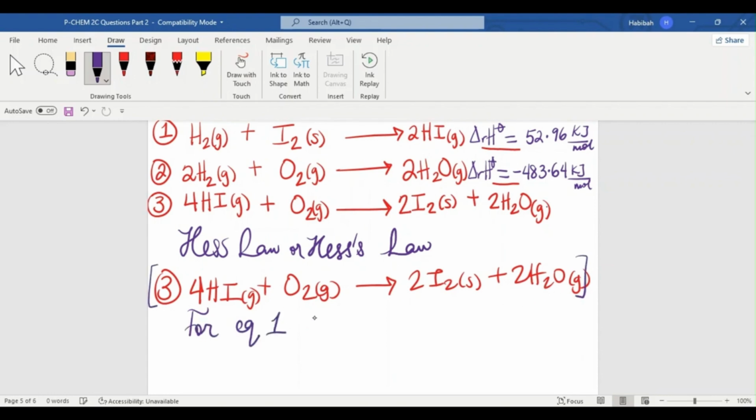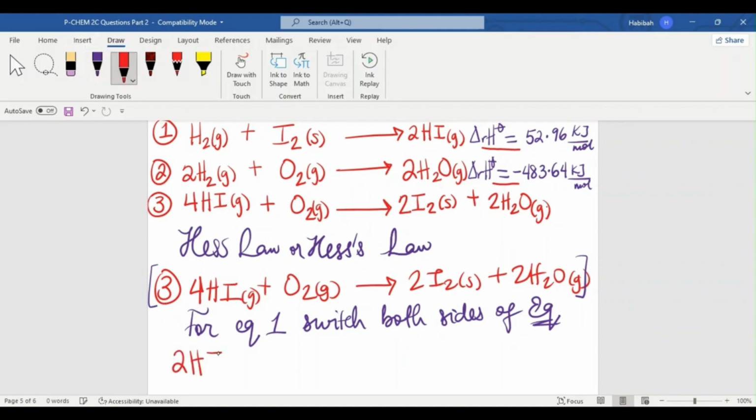So we're going to be using it to know how to manipulate equation 1 and 2. For equation 1, switch both sides of the equation. Let me use a red marker for equations. So we're going to have 2HI gas would actually give us H2 gas plus I2 solid.